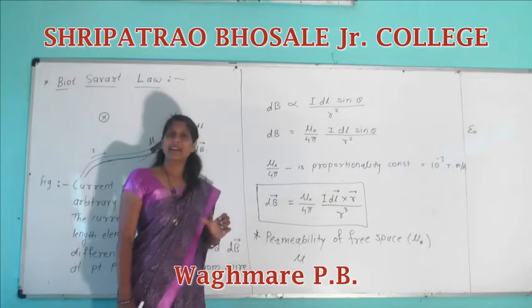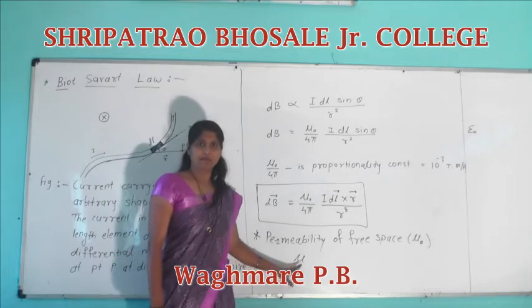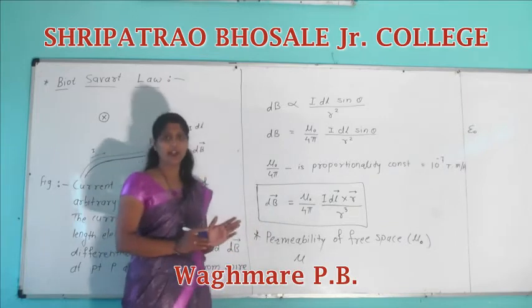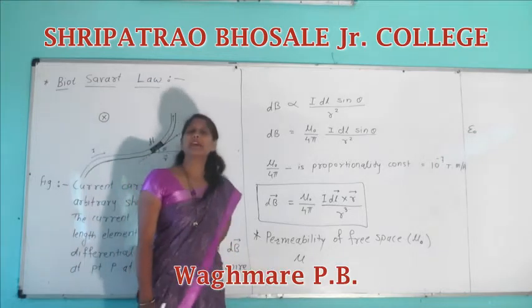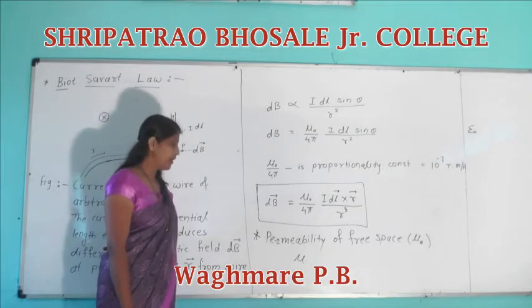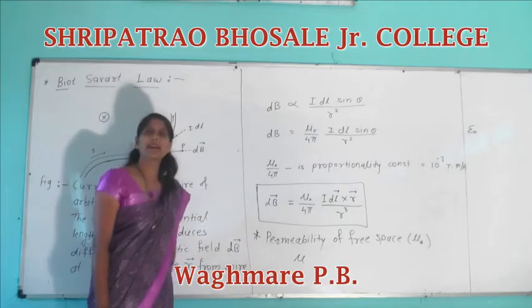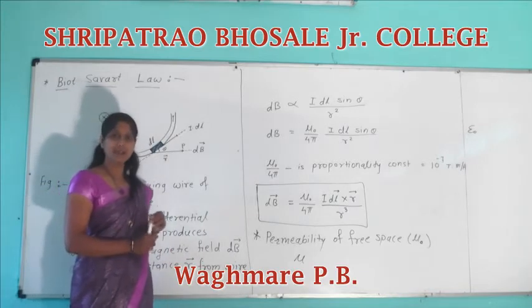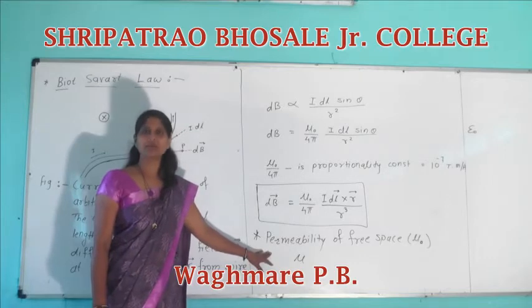Therefore, the permeability of diamagnetic material is very low, or about negative, the permeability of paramagnetic material is more, and the permeability of ferromagnetic material is maximum.